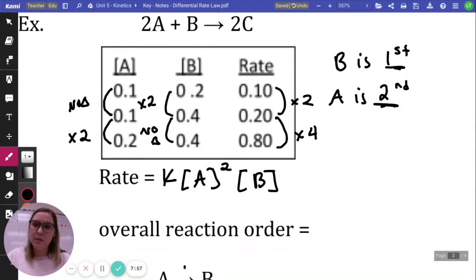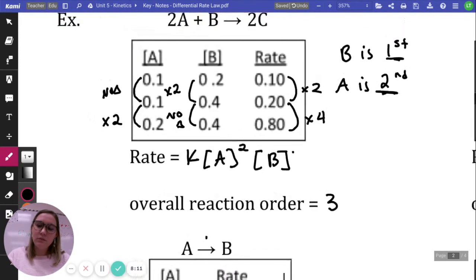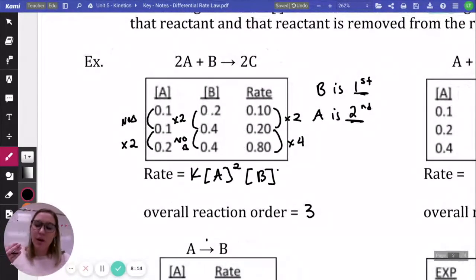So A is second order, B is first order, and our overall reaction order is going to be 3, because 2 and 1 add up to 3. That would be our rate law for the first one: rate is equal to our rate constant times the concentration of A squared times the concentration of B.